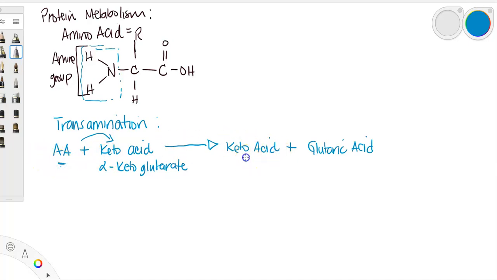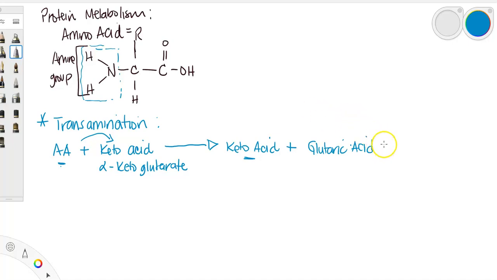This became a keto acid, which is a molecule without NH3 or NH2, and the amine group was transferred over to make glutamic acid. So that happens in transamination, transferring the amine group to the keto acid.